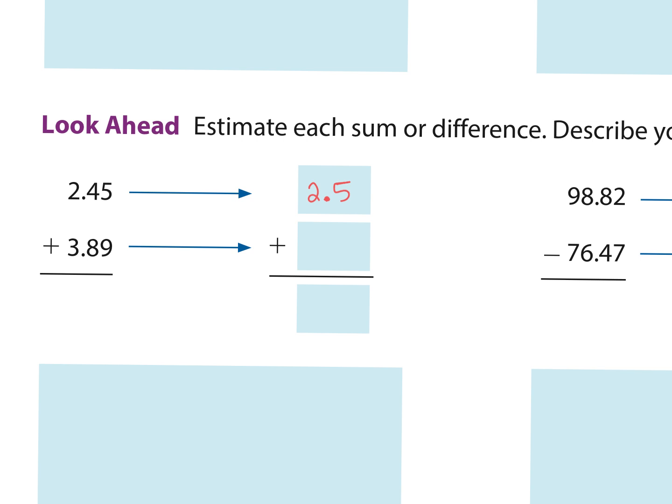And then 3 and 89 hundredths. Would that be closer to 3, 3.5, or 4? Lyndon? 4. Okay, now, do you notice what I just offered? The options that I offered. I offered to the nearest 10th only with one digit, right? I said 3.5. I also offered to the nearest whole. But notice how I wrote this.